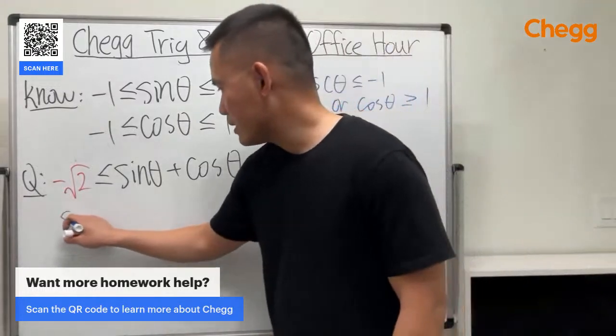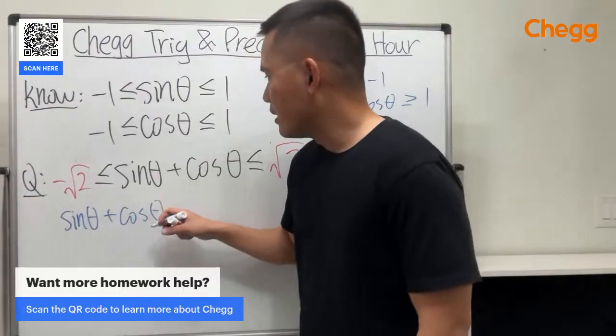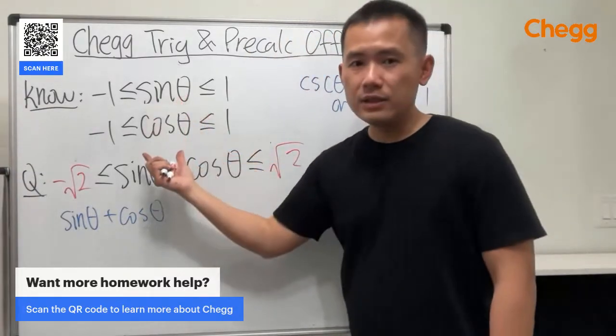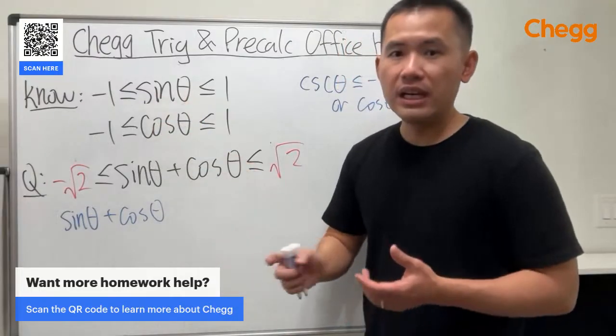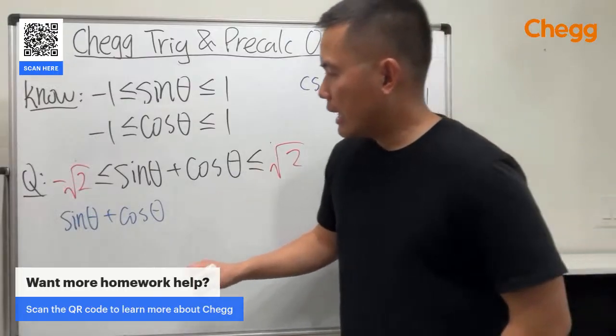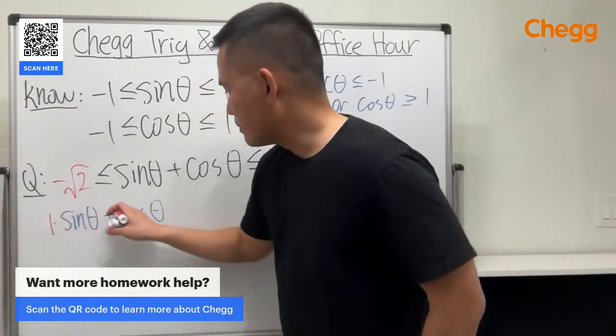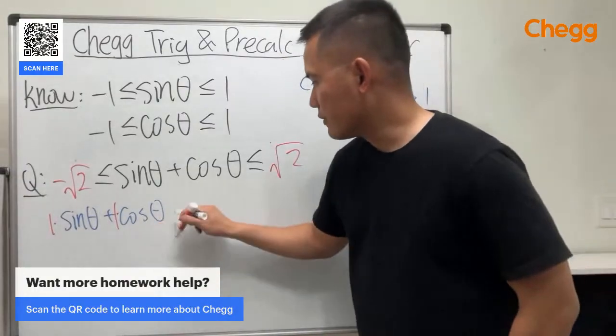So check this out. Sine theta plus cosine theta. If I can just write it as one sine or cosine function, our life would be so much easier, and it's actually possible. This is like 1 times that, right? But what I'm going to do is the following.